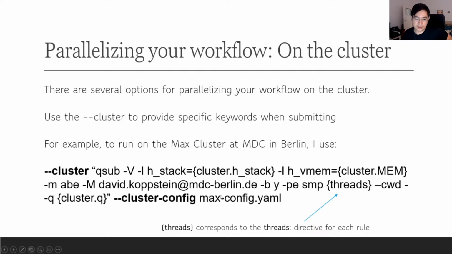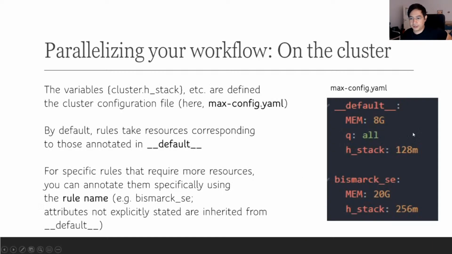So what does this cluster config file look like? It's very simple. It's just a YAML file which contains one standard default. This special keyword default means that any rule that doesn't have these variables will default to these. And then for specific rules that might require more memory or more heap stack or whatever, you can request more memory for those rules in particular, and it'll inherit the other attributes from default.